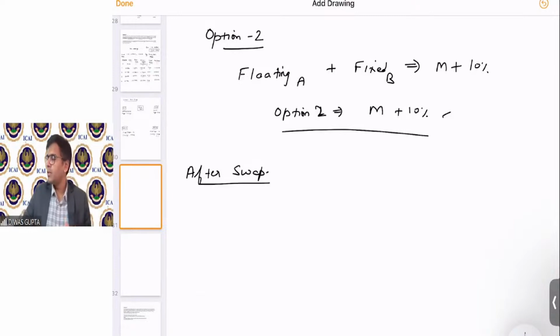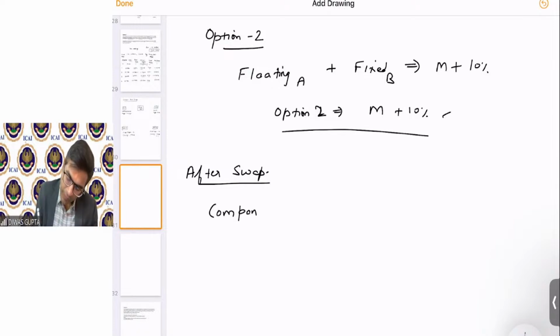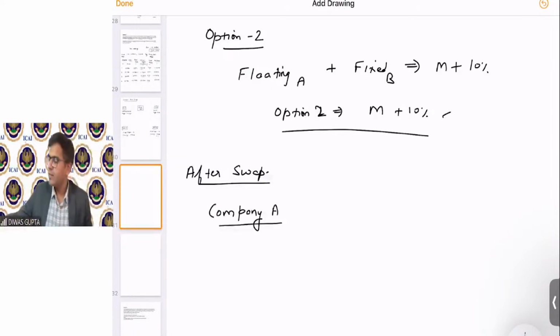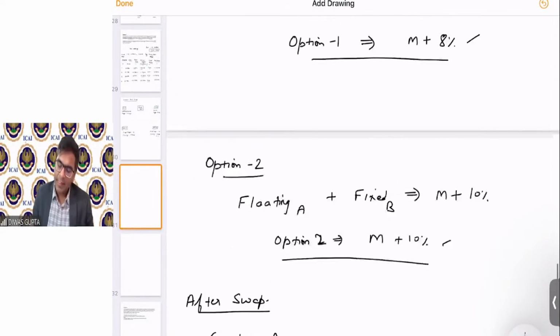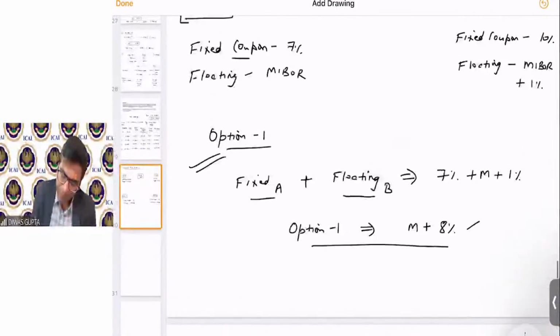Now let's talk about a situation after swap. So, what I'm saying is, after swap, how will the effective rate of interest look? Let's talk about company A first. Company A is paying MIBOR, right?